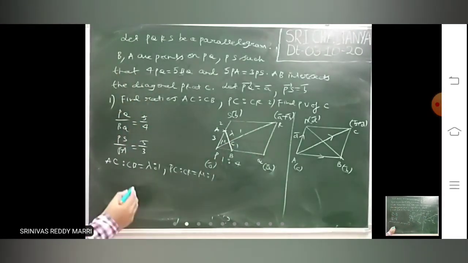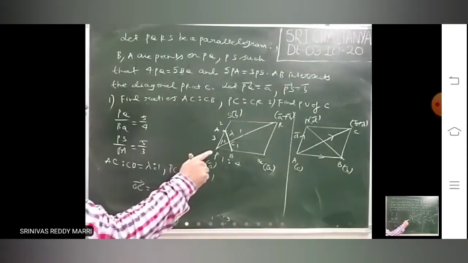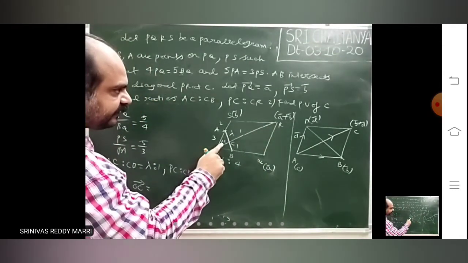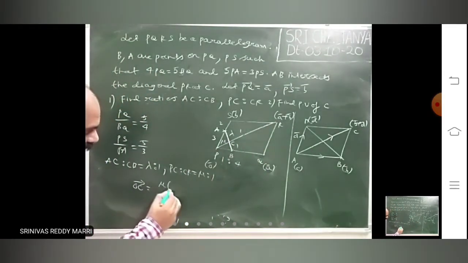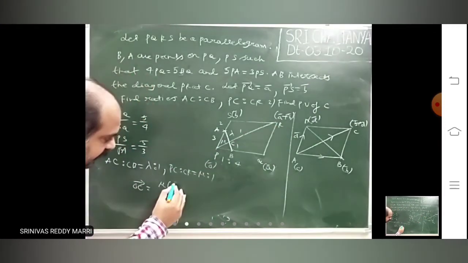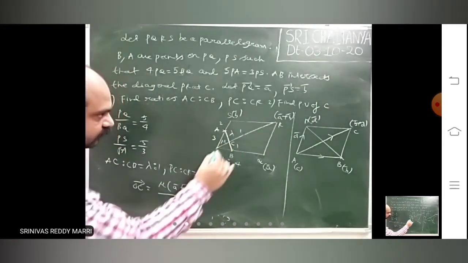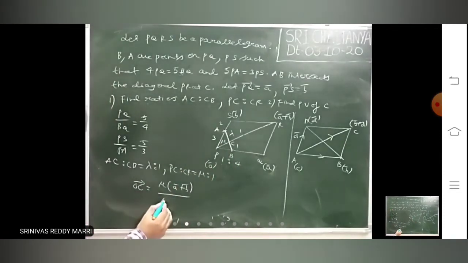Now I am writing OC bar, the position vector of C, from PR. It is dividing in the ratio mu is to 1. So mu into A bar plus B bar plus 1 into 0, 1 into 0 means 0, divided by mu plus 1. That is nothing but this OC bar.